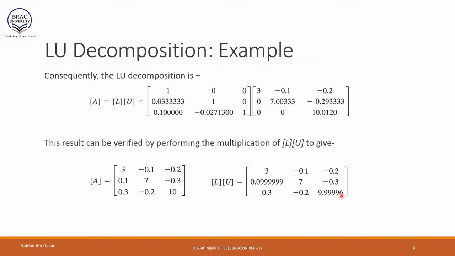So what does this mean? Is our decomposition wrong? Was the decomposition method not proper for this matrix? That's not the case, because whenever we calculated these values, for example 0.0333, we actually considered finite significant digits.